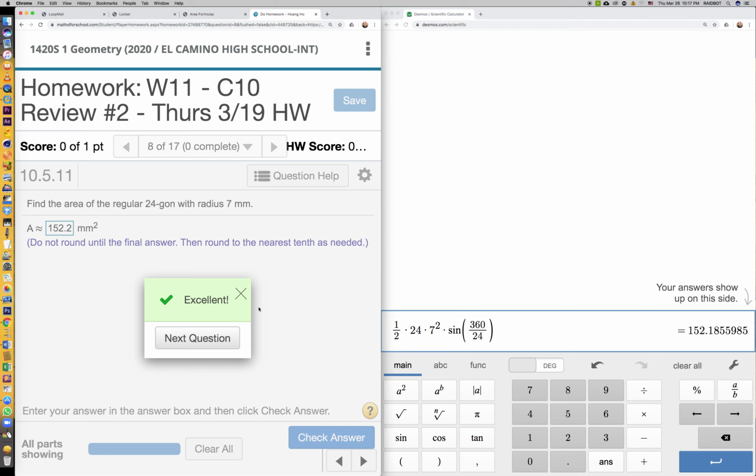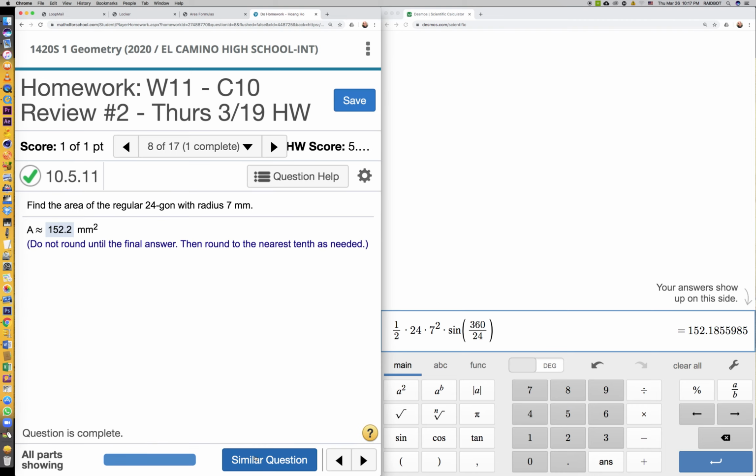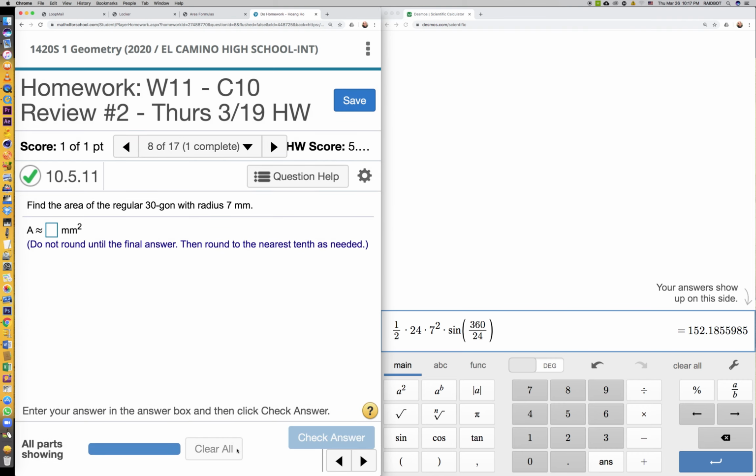And let's try one more time the same problem, but do a similar question. So I can click similar. Now it changed to a 30-gon with radius 7. So I can go back to my Desmos calculator. All I need to do is modify the number 24 to become 30, and then 24 here also becomes 30. The radius stays the same at 7. So I got my answer this time, 152.8.